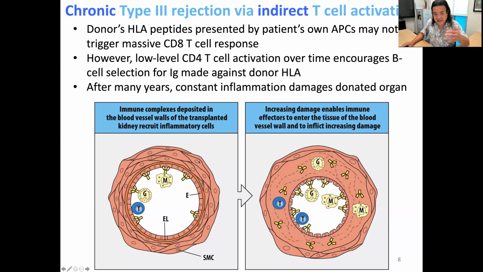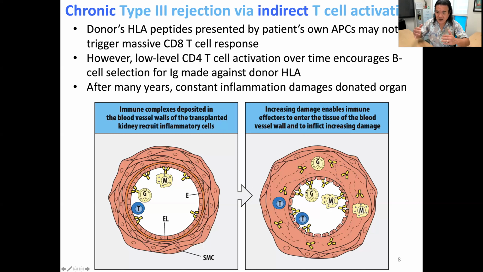Gradually. So this is a cross section here. This cartoon is a cross section of one of the blood vessels inside of the donated kidney. What happens is you start building up antibodies that start binding to the wrong MHC type that's present inside the kidney's blood cells. And that starts recruiting different immune cells, and they go to work.